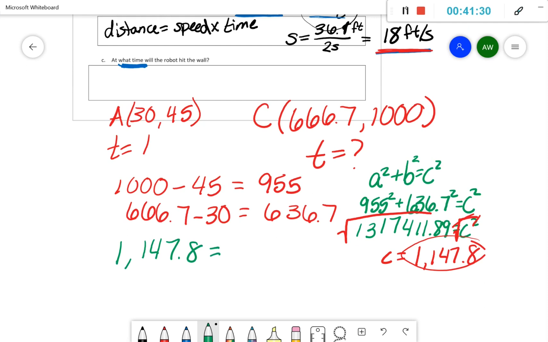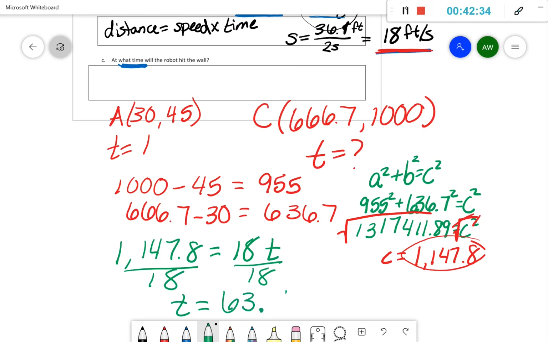We know that our speed is 18 feet per second, and we want to figure out the time. So to figure out time using this equation, since the 18 and the t are multiplied, all we have to do is divide. And we get t is equal to 63.8. So that means that the time we end up with is 63.8.